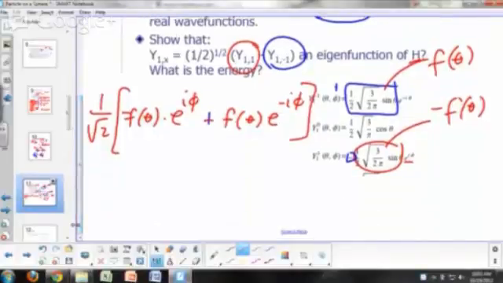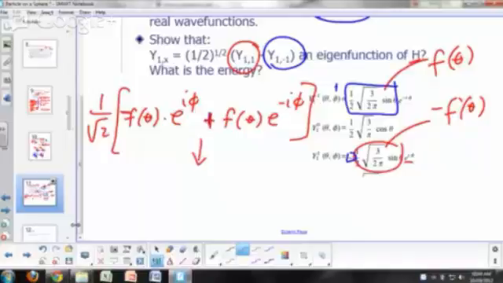If I took that combination, what can I do at this point? I can factor out f of theta, right? So this is plus, and that's minus, minus, and that's plus. So I factor out f of theta.